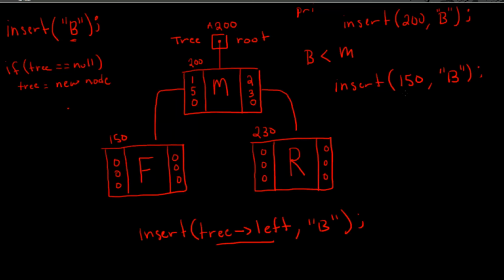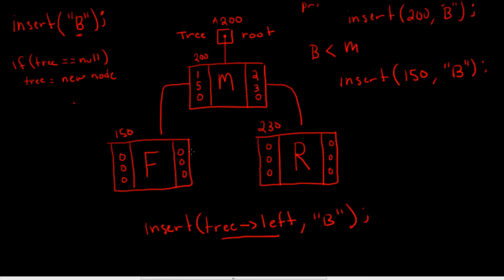Since this is recursive, it's going to have to check the base case again. So at 150, is it null? No, it's got a value in it. Okay, so since this is a recursive call, now that we're at this node, we need to check: b is less than f, right?